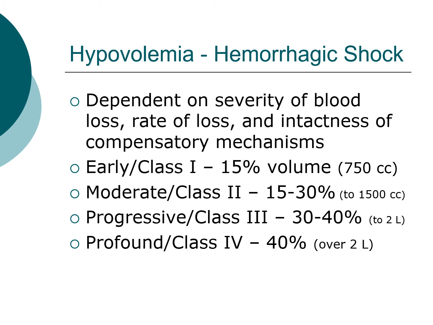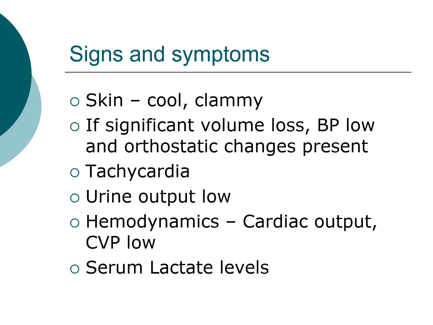So they don't have to replace pint for pint how much they're losing, but they would have to try to make up that volume with blood, because there's the essential components for oxygen carrying, and there's also volume, so they could certainly add normal saline or lactated ringers. Signs and symptoms: cool, clammy, blood pressure issues. They're definitely tachycardic.